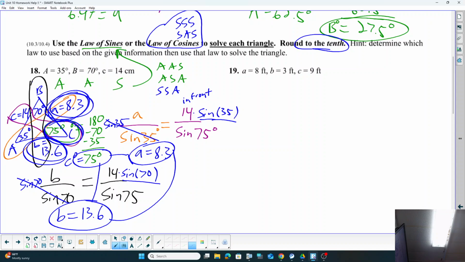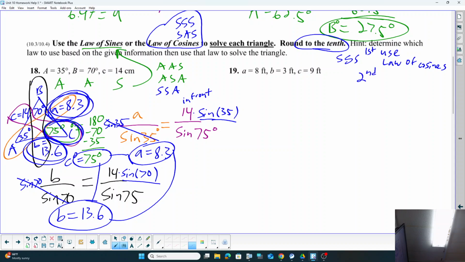There's our three answers. Do you know how to do side, side, side? So to do side, side, side, you have to use the law of cosines first. So this is side, side, side. So first you're going to use law of cosines. And you can use it again to be careful, to be sure. So first use law of cosines.